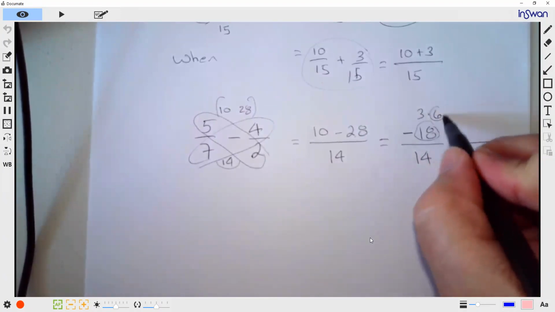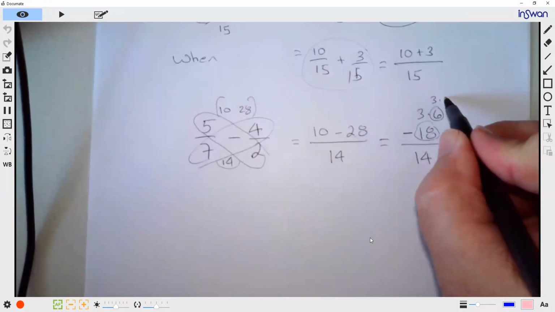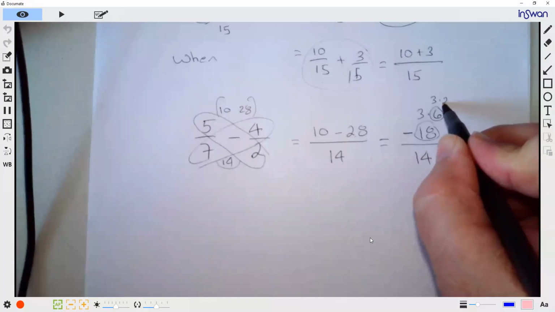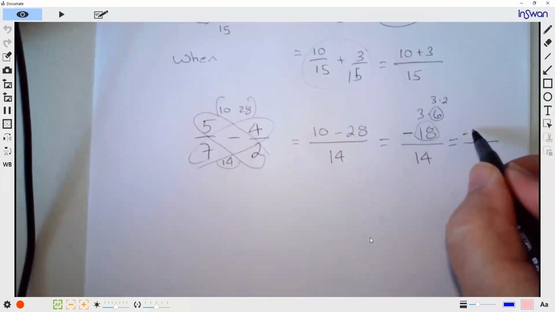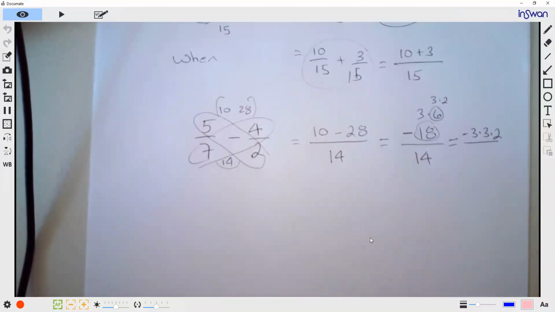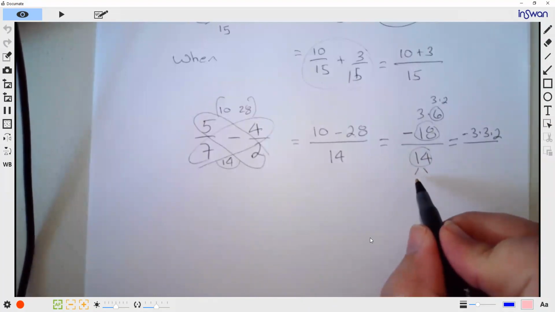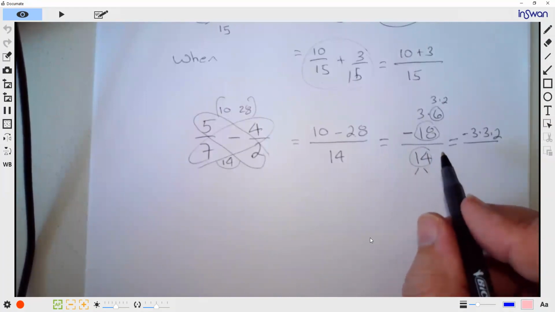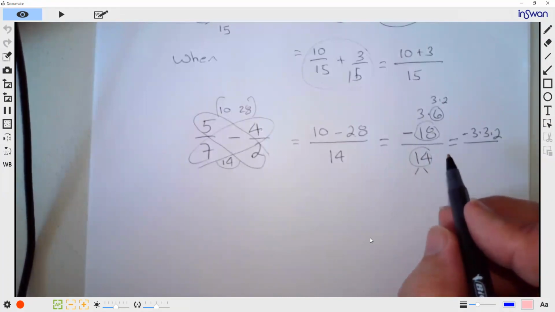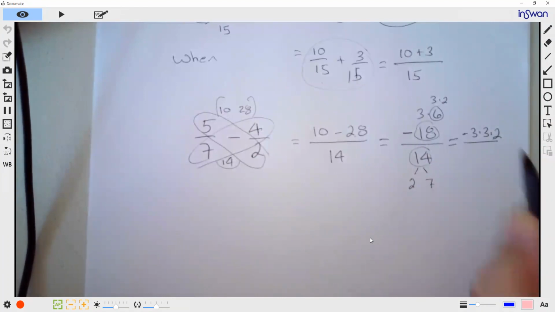And 6 is made up of 3 times 2. So the top is made up of 3 times 3 times 2. It's a negative. 14 is made up of what? 2 times 7.